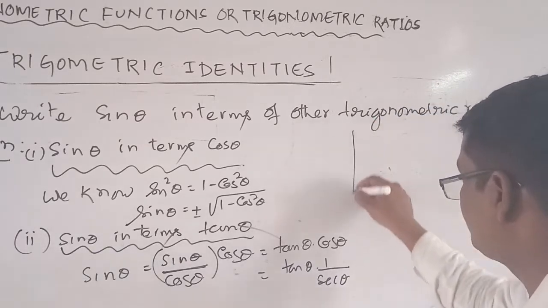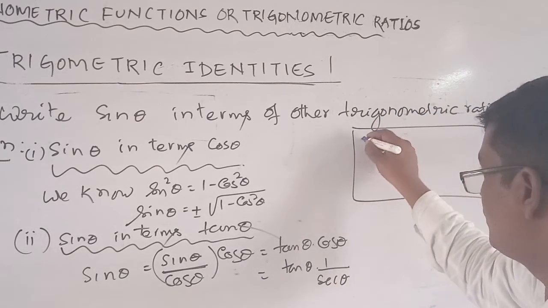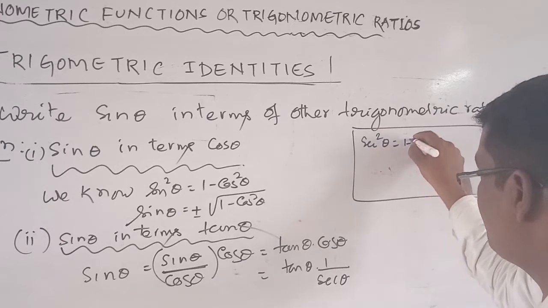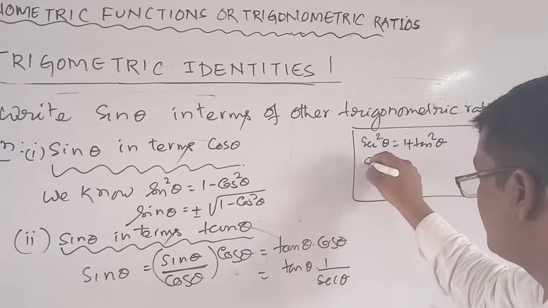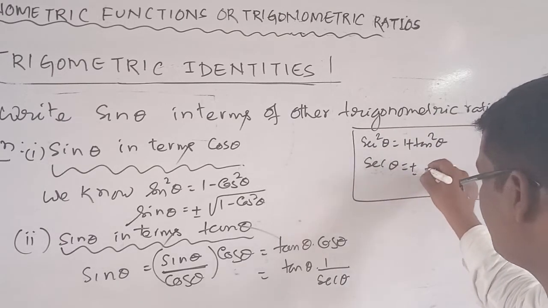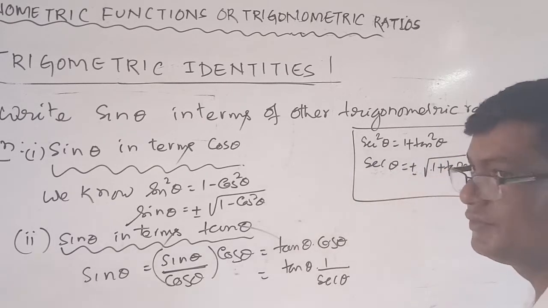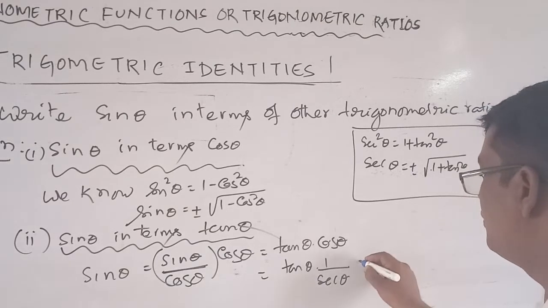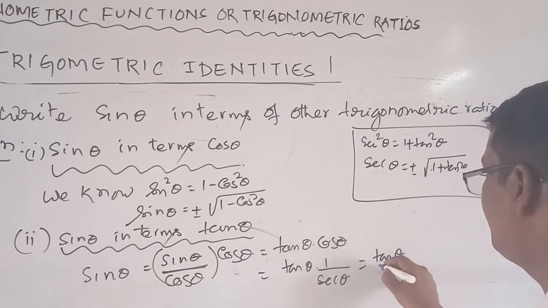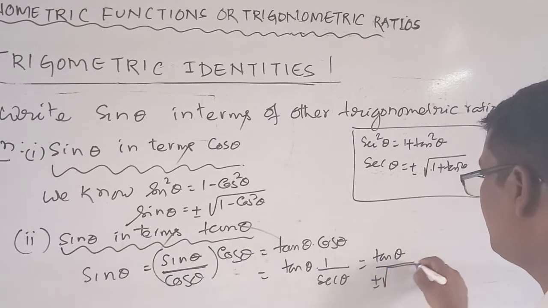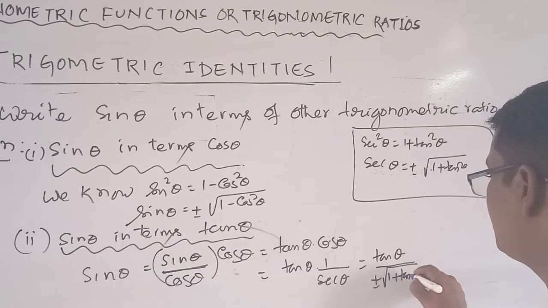We know sec square theta is equal to 1 plus tan square theta, so sec theta is equal to plus or minus root of 1 plus tan square theta. So sin theta is equal to tan theta divided by plus or minus root over 1 plus tan square theta.